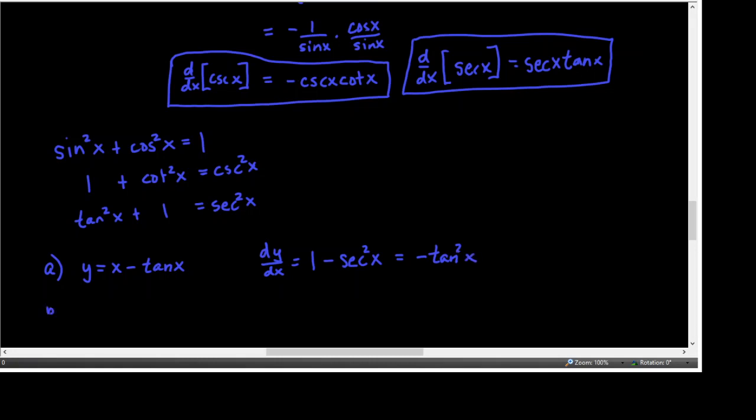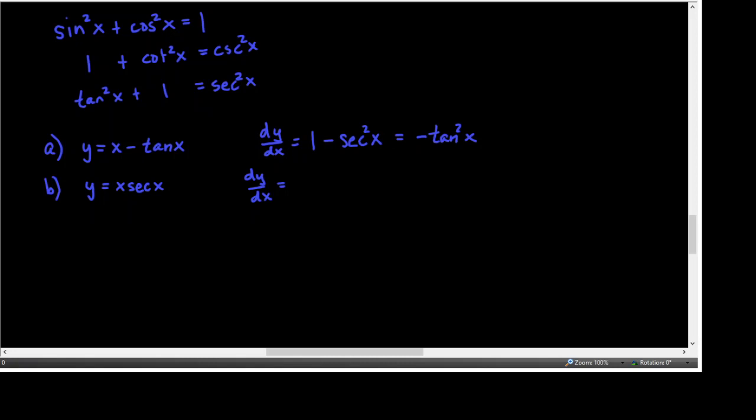Okay, part B. y equals x secant x. So the big idea of this problem is it's a product, and so we have to use the product rule primarily. And then as we're doing derivatives of the individual items, we'll need to know their derivative rules.